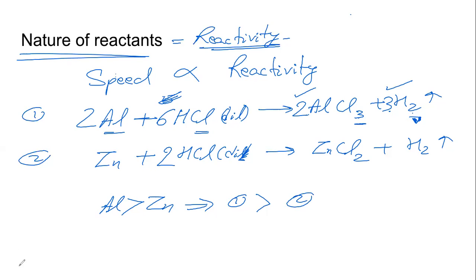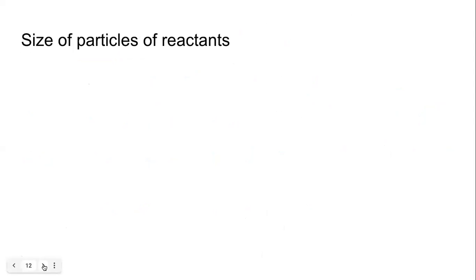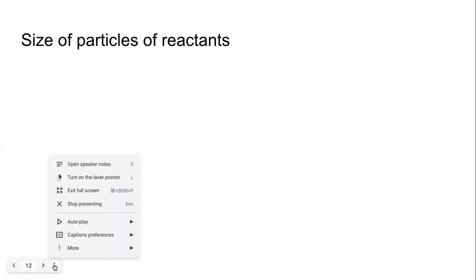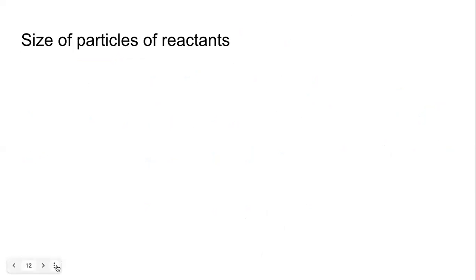The second factor is easier than this. The second factor is size of the particles of the reactants, how small or how big they are. Size of the particles. In the example, we are taking some specific type of tiles.